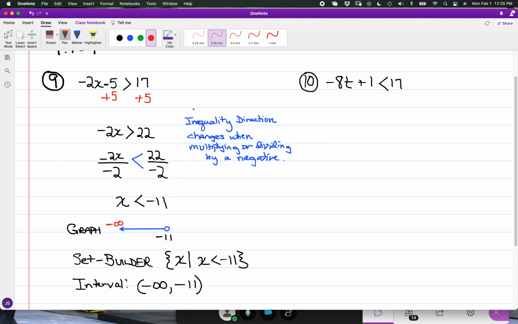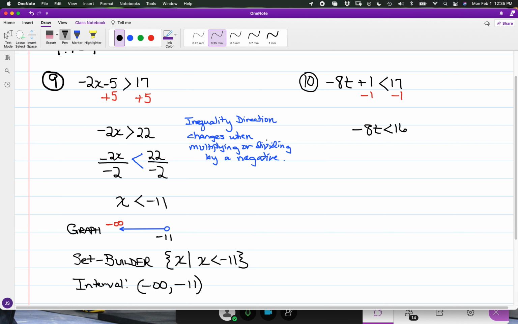Just as I isolated negative 2x, I'm going to do the same thing with negative 8t. I'm going to move the constant alongside it by subtracting, so I now have that negative 8t is less than 16.